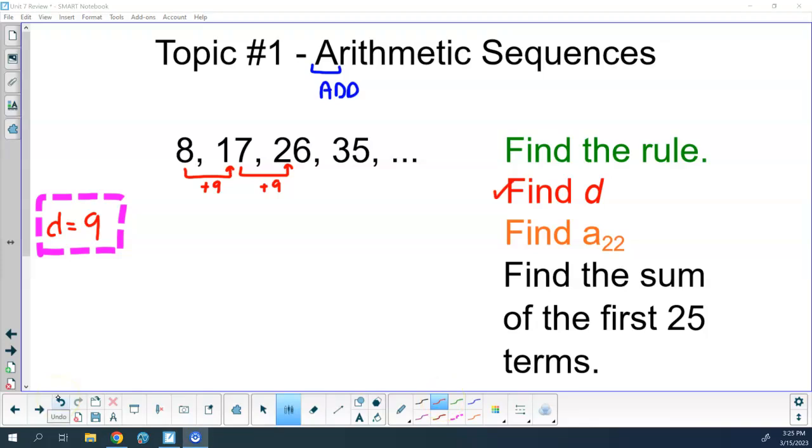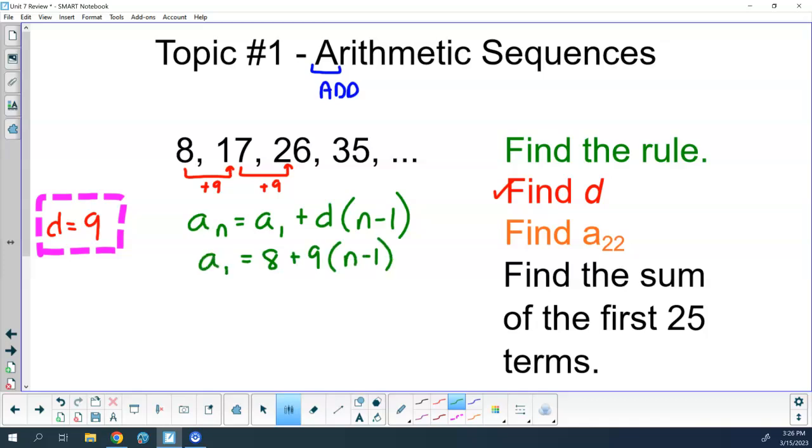Okay? So that answers that question. So the next thing we should do then is we should find our rule. So in order to find the rule, remember that term, and this will be on your test on Friday, is going to be, there's the general rule for that one. I know my first term is 8. I know my common difference is 9.